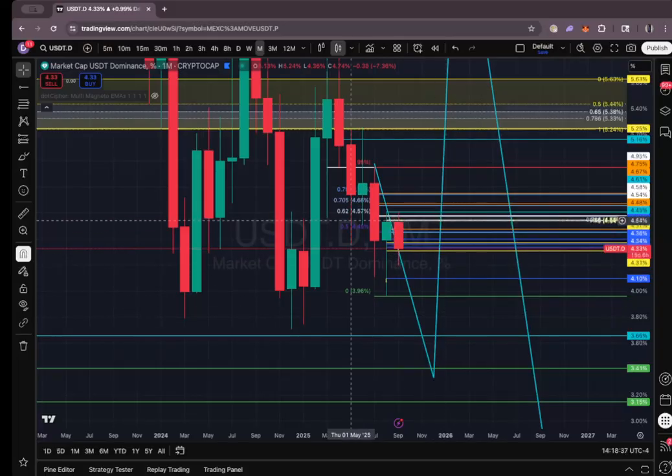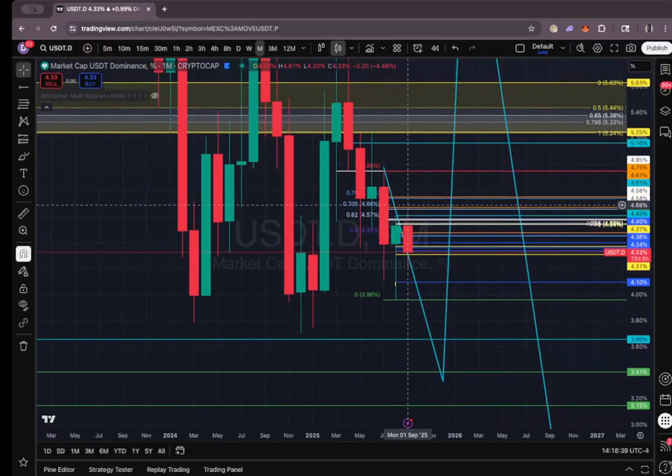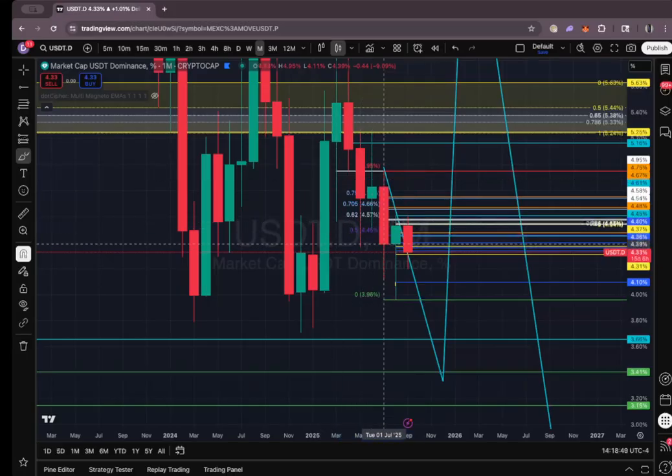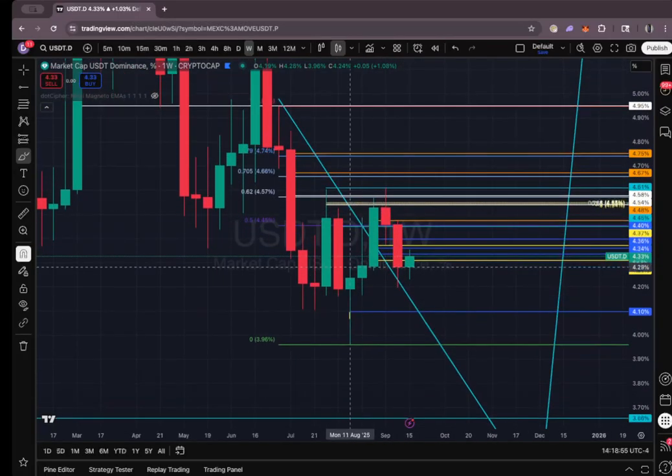So with that said, one of the things I noticed with this monthly is that this monthly never tapped and actually mitigated this order block here. So I feel like there's going to be a lot of chop, a lot of back and forth between this range. And based on that bias, if we're talking about the weekly, the same thing.